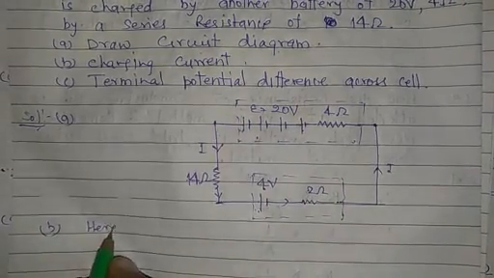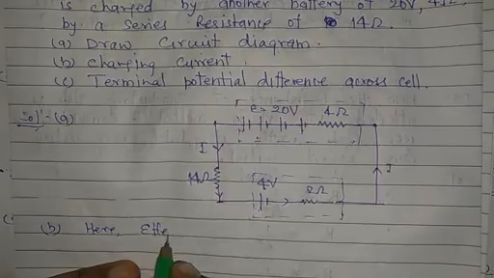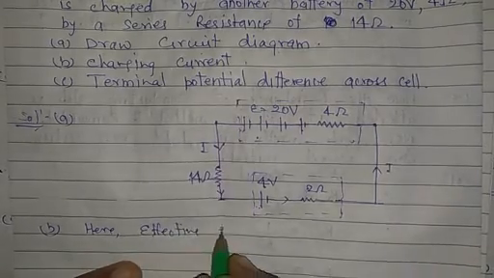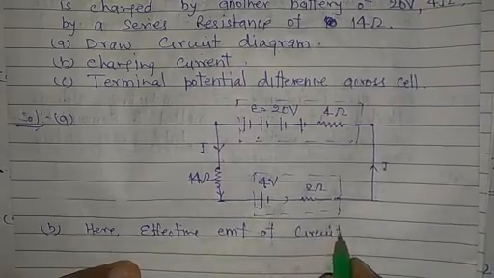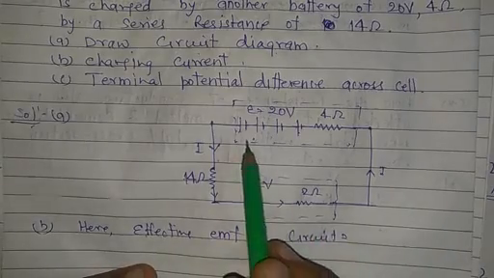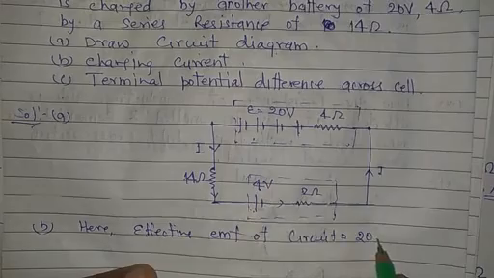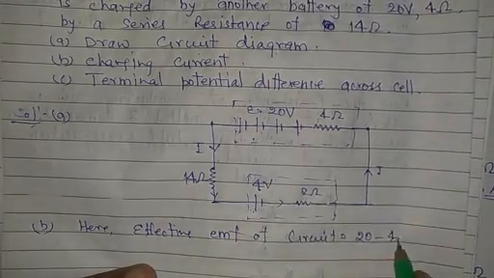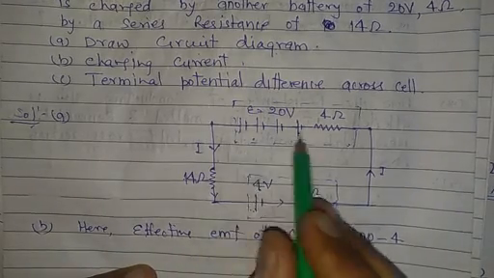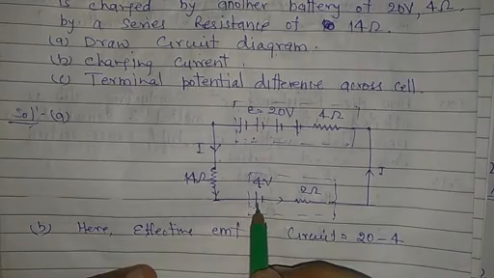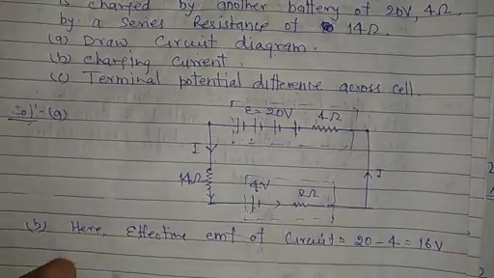Here, effective EMF of circuit is equal to 20 volt minus 4 volt, that is 20 volt minus 4 volt equal to 16 volt.